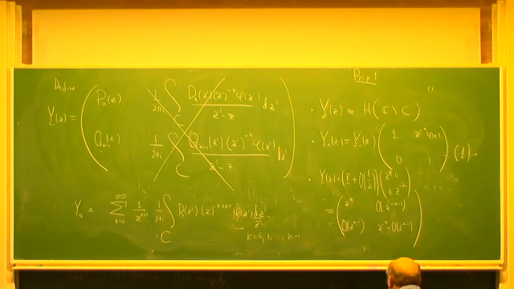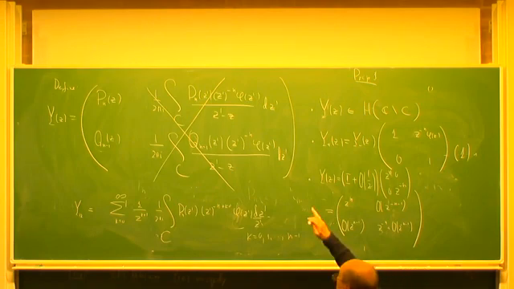I have a unique solution, and my P n and Q n are reconstructed from the first column of this solution. And of course, for instance, my h n would be reconstructed as Y at 0.